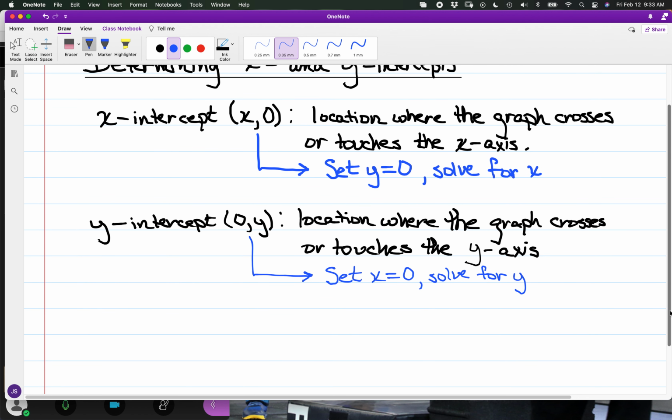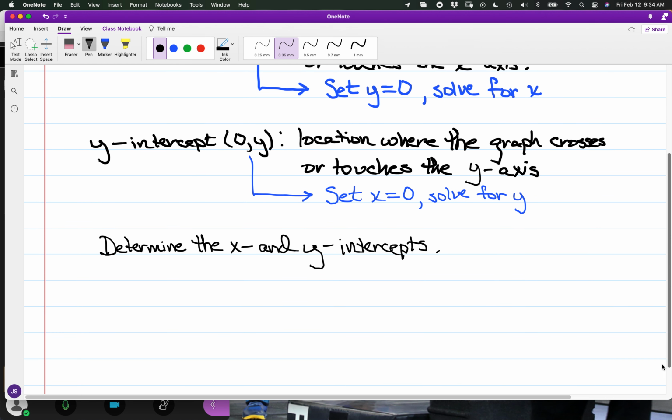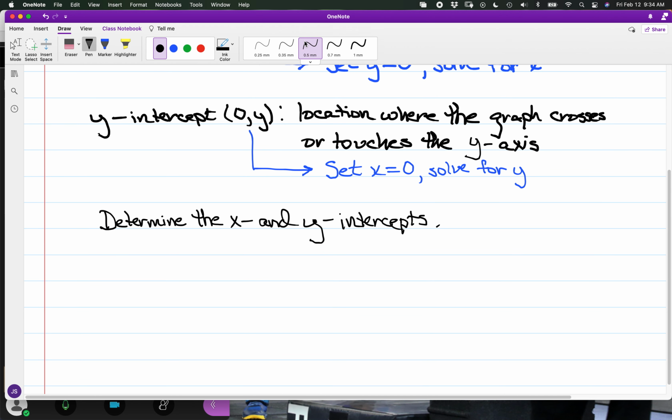And just as samples, if we're determining both the x and the y intercepts, we'll start off with a linear function first. For the first case, we're going to have 2x plus 4y is equal to 12.